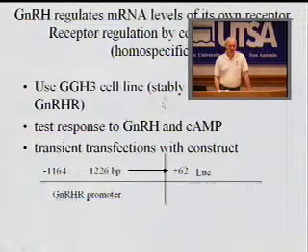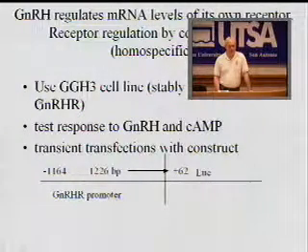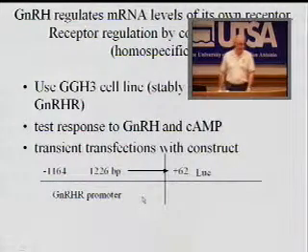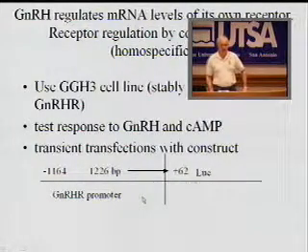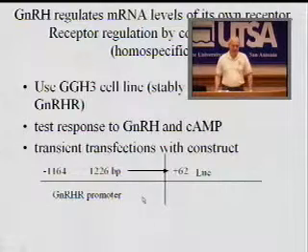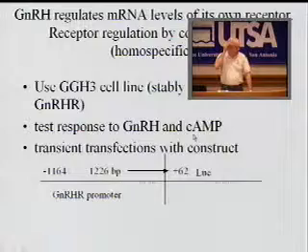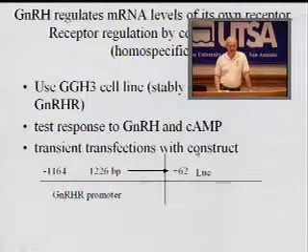So we know that there is a stable expression of the receptor gene in these cells. So if we transfect with the GnRH receptor promoter and the reporter gene, we should have some baseline expression, and then we can play with the system, stimulating the receptor that is produced, and add some candidate second messengers to see what effect there might be.